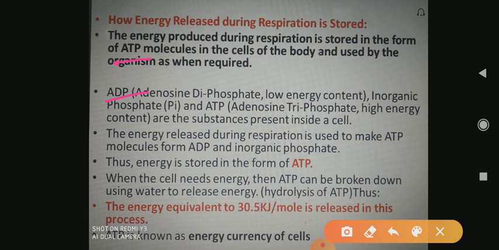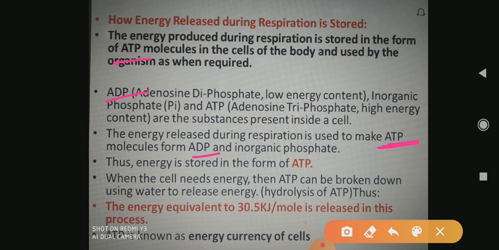It has only two phosphates. Adenosine triphosphate has high energy content, and these are present inside a cell. The energy released during respiration is used to make ATP molecules from ADP. ADP से ATP molecule बनते हैं.